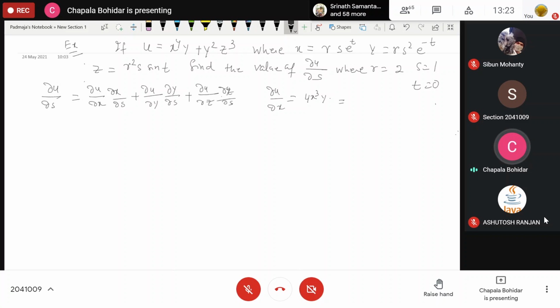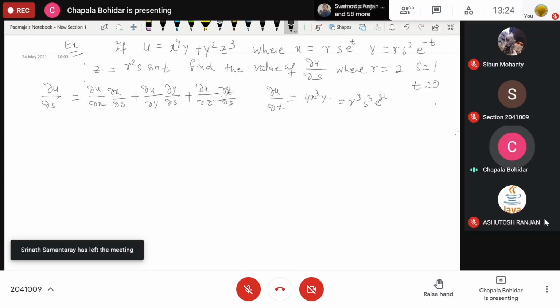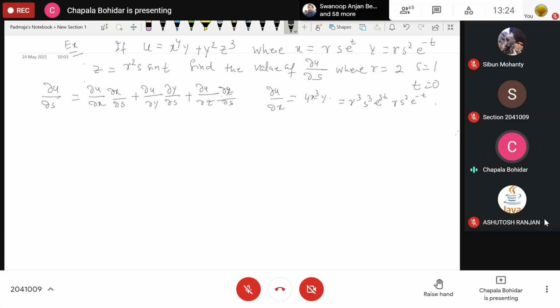That is your 4 x cubed y z, so r cubed s cubed e to the power 3t, then r square e to the power minus t, multiplied by 4.